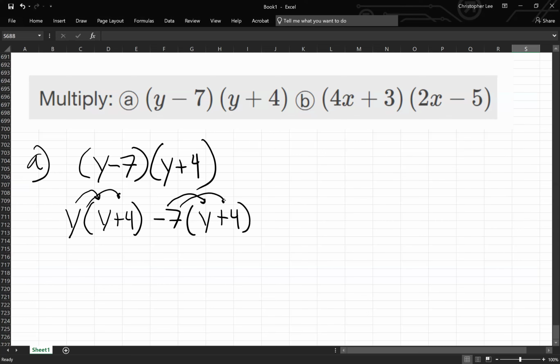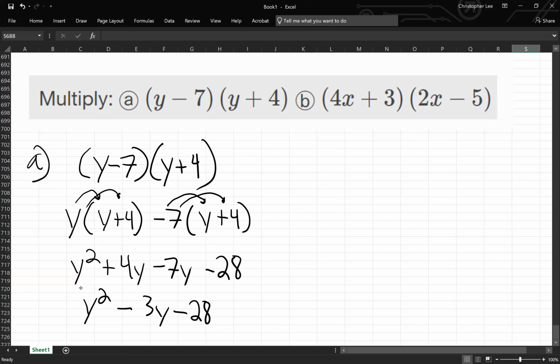What do I get? y times y, y squared. y times 4, plus 4y. Negative 7 times y, negative 7y. Negative 7 times 4, that's negative 28. After that, combine like terms. Remember, that's a fancy way of saying add, right? So 4 plus negative 7, this is going to give me y squared minus 3y minus 28. That's it.